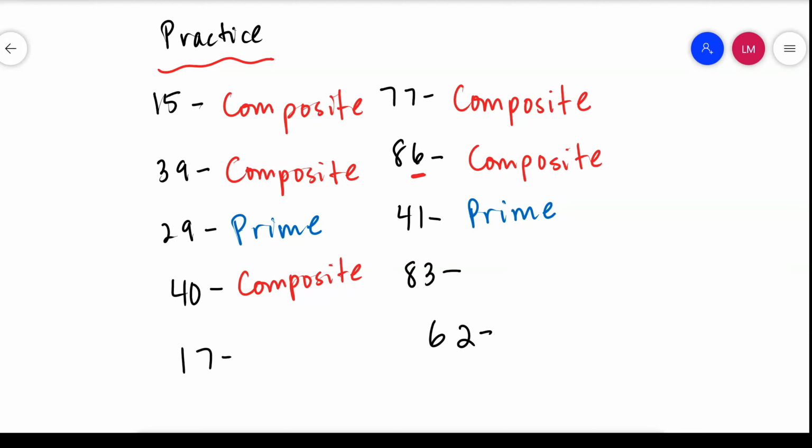And 83 is prime. 17 is prime. And then 62, because he ends in a 2, it means he's even, he is composite.